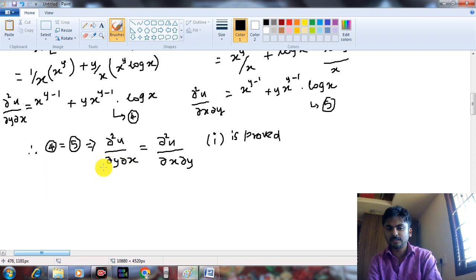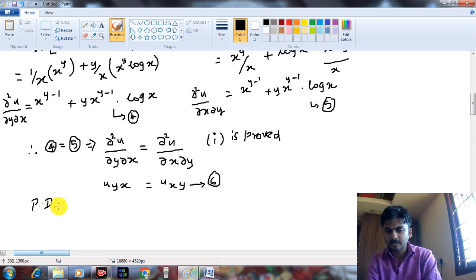So the first can be written as u y x, and this can be written as u x y. I am taking this equation as 6. The left hand side is equal to the right hand side, and I am going to differentiate both sides by using the same variable.